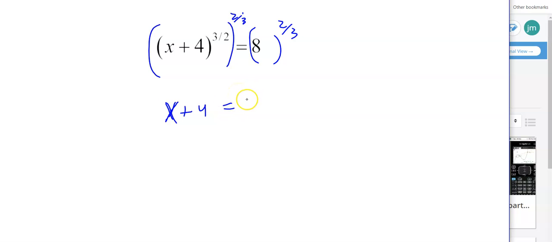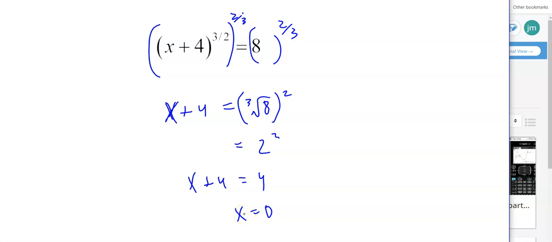So this you could write differently. You could write this as the cube root of 8 to the second power. So cube root of 8 is 2. 2 to the second power is 4. That's nice. Subtract 4, you get x equals 0. Just make sure that works. Yep, that works. You can always plug it in to make sure.